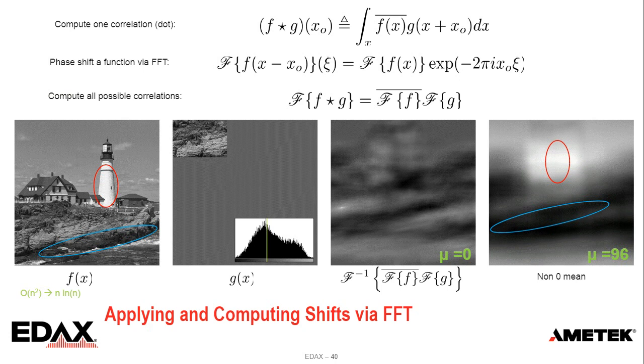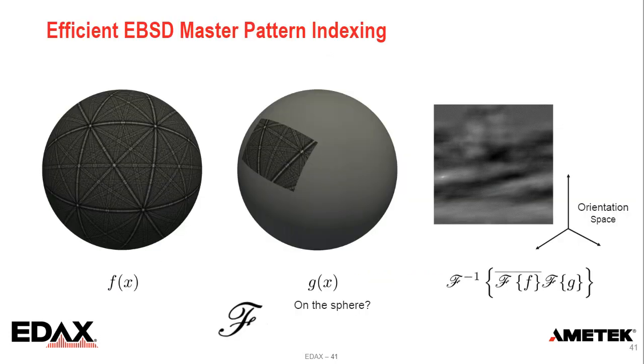So the question is, can we apply this to orientations, which instead of being a translation in 2D is a rotation in 3D? Is there some frequency type approach that works the same way, where now our master image is the master pattern from the forward model, and the search template is our back projected detector image?